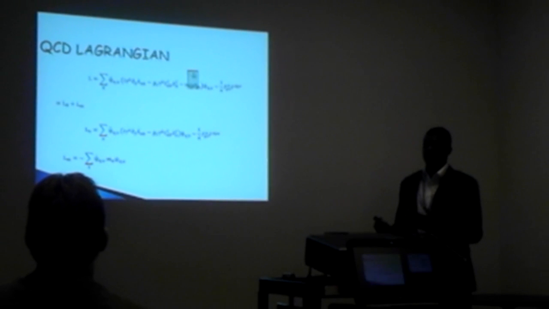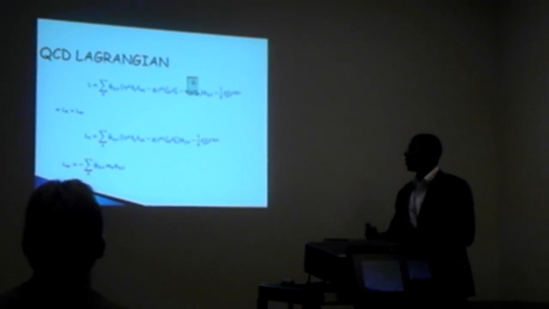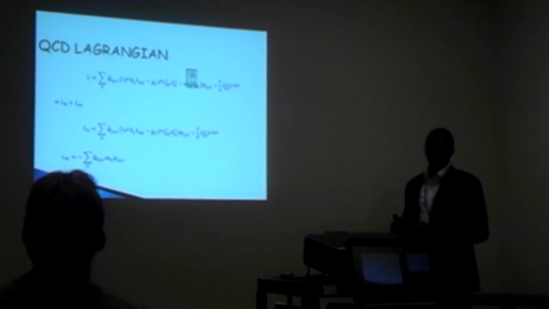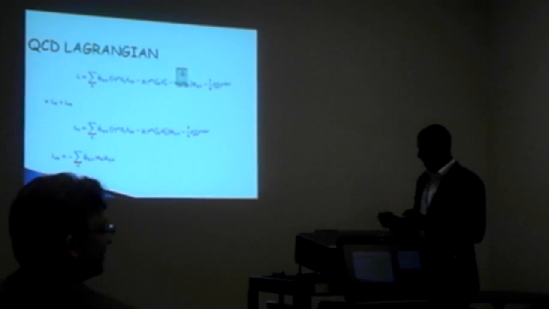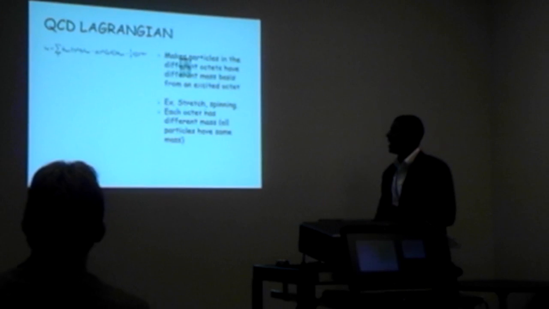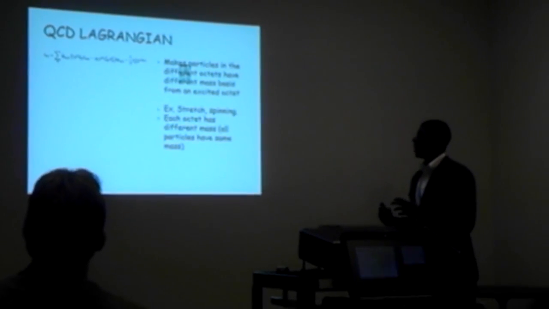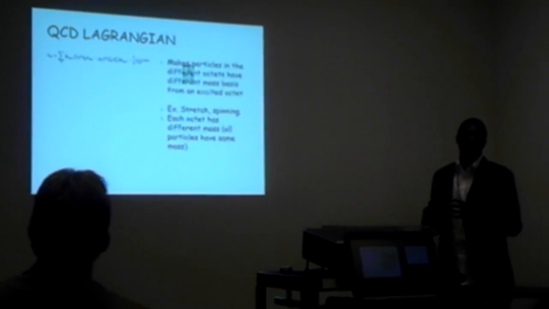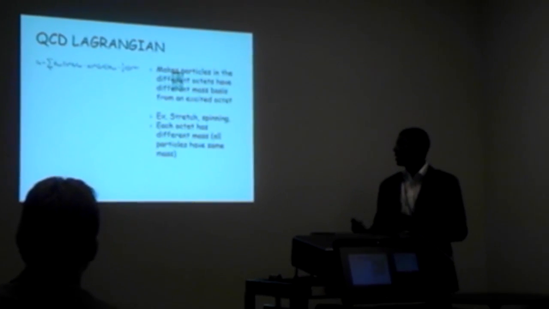So to begin with, I will eventually touch on the cascades, but first we have the QCD Lagrangian. This thing is pretty massive, to be honest with you guys, but let's just go ahead and attack it. When we see the L sub naught, it makes the particles in the different octets have different mass bases from different excited octets.